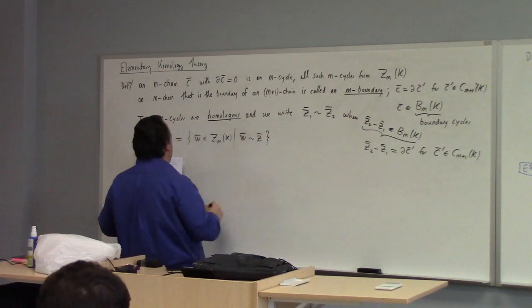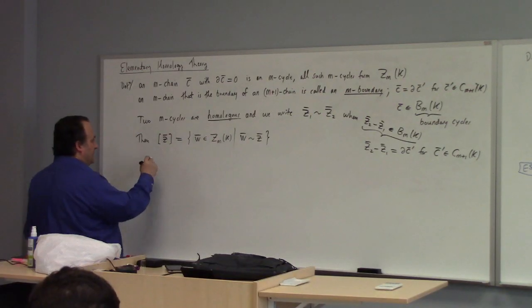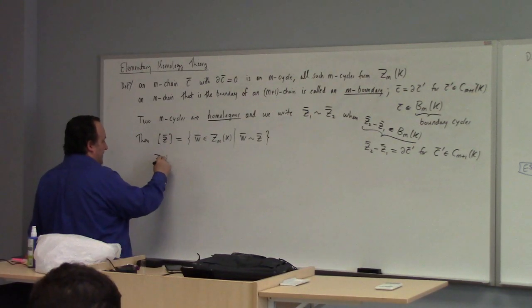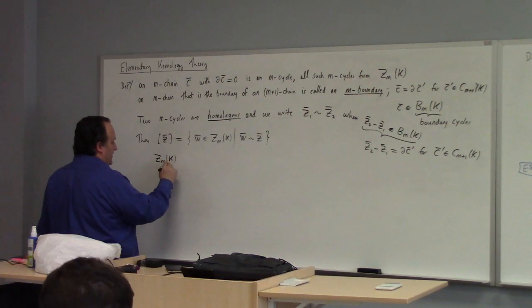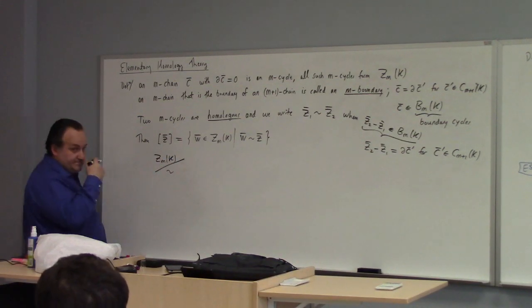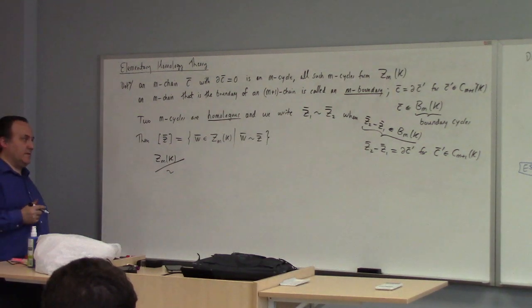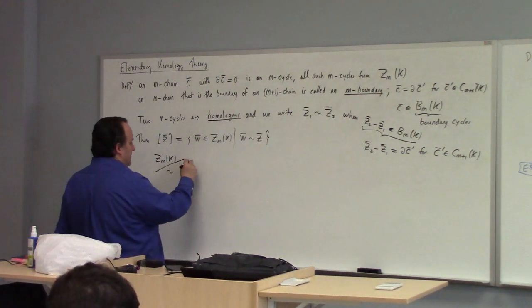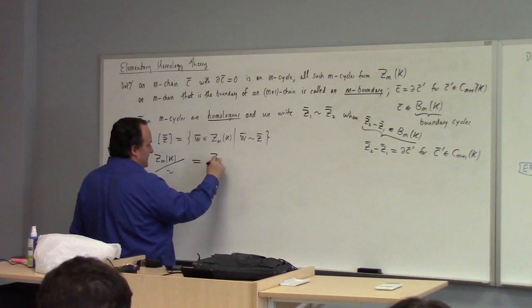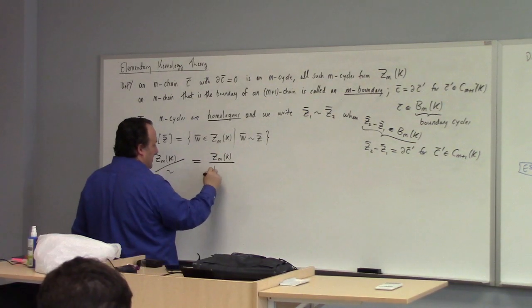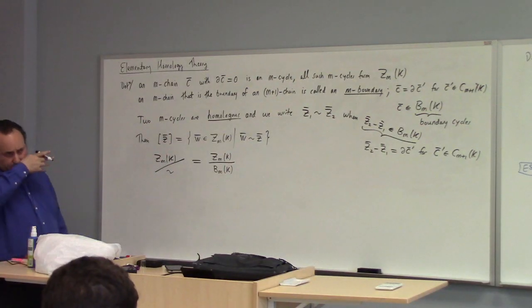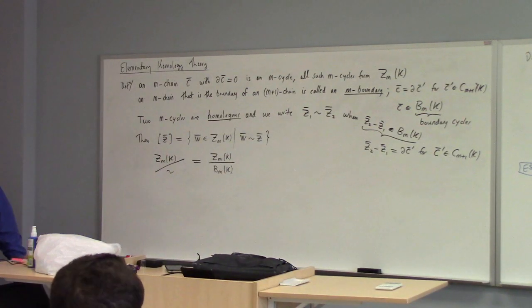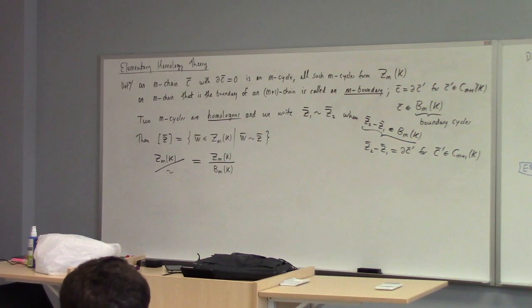In this context, if we take Z_M K mod this equivalence, as a quotient vector space, this is Z_M K quotient B_M K. Two cycles are equivalent if their difference is simply an element of the boundary space.